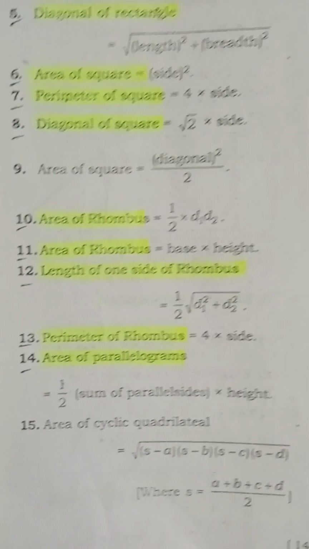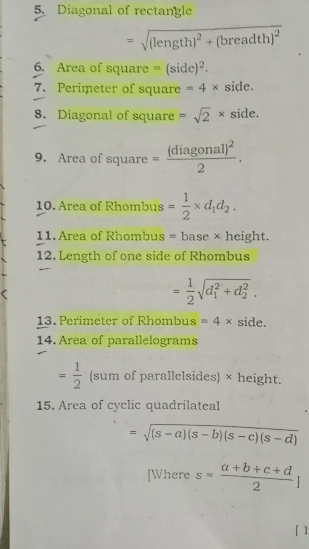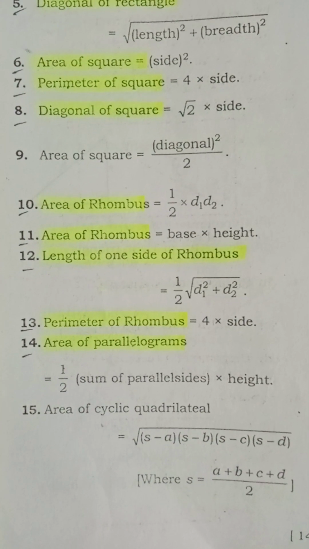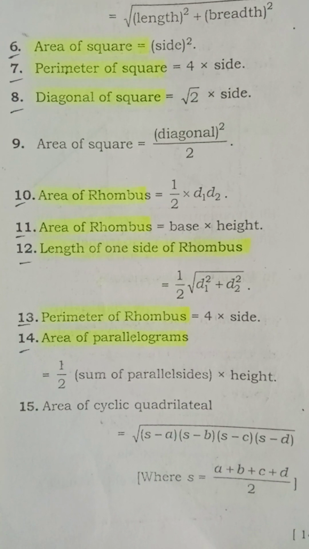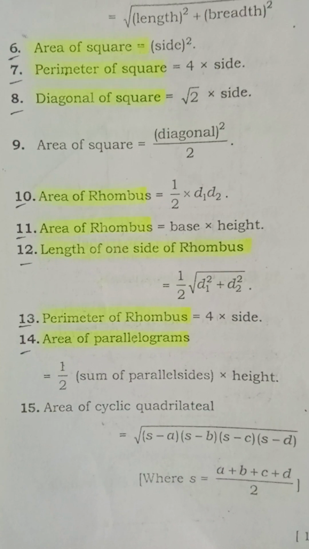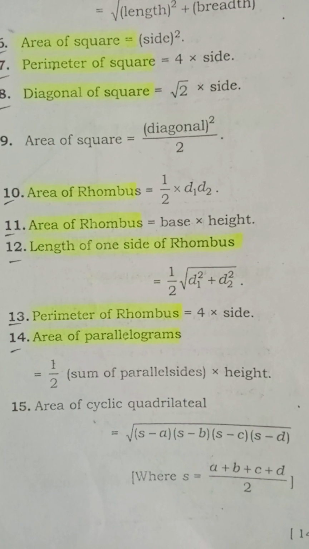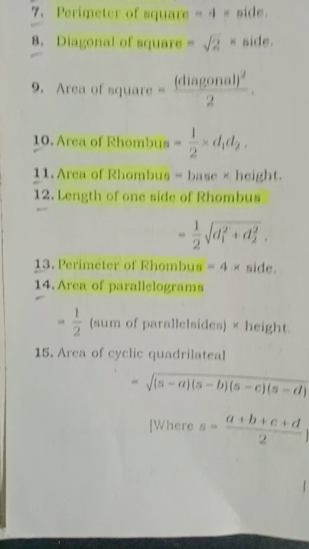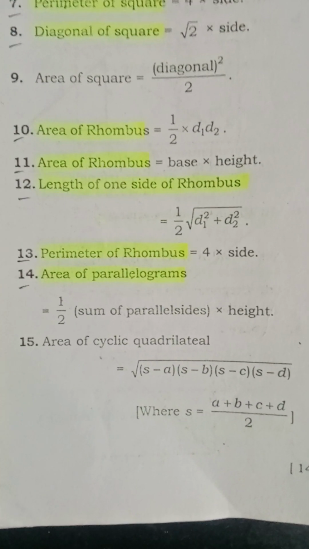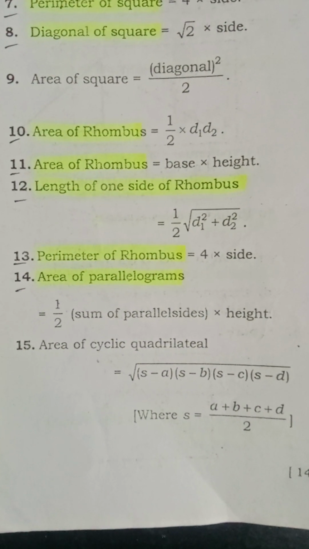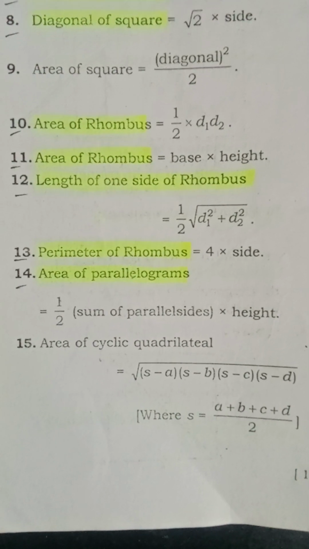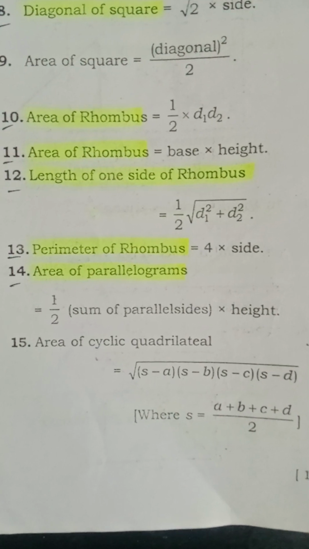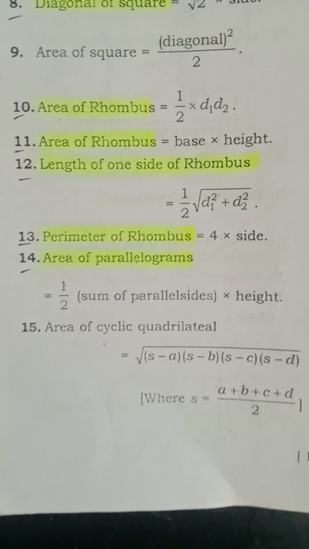Next, area of rhombus is equal to base into height. Length of one side of rhombus is equal to 1 by 2 root of d1 square plus d2 square. Perimeter of rhombus is equal to 4 into side. Area of trapezium is equal to 1 by 2 sum of parallel sides into height.